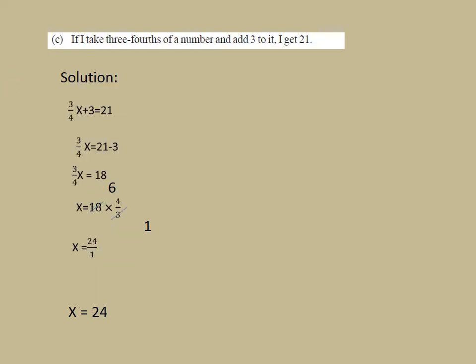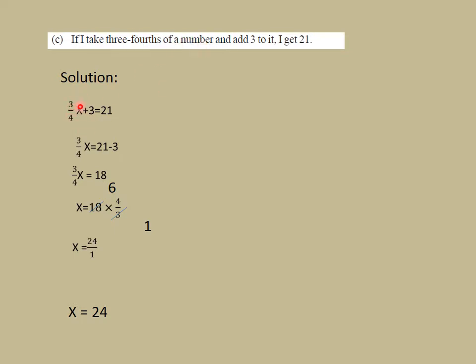Okay. Now let me take up question C. If I take 3/4 of a number, what do I have to write? 3/4 means 3 upon 4. Of a number means you have to multiply it.